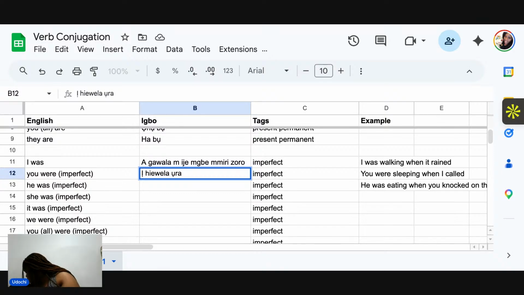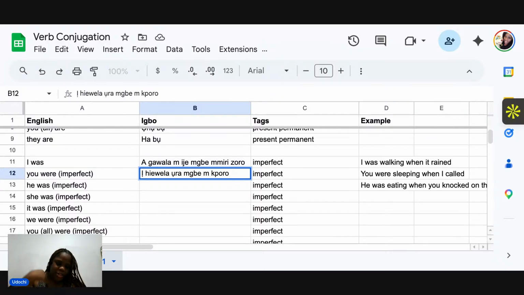Let me look at this. I think it's hiwela ora when I called Mbemboro. I have trouble putting the dot under the O because my keyboard is weird.